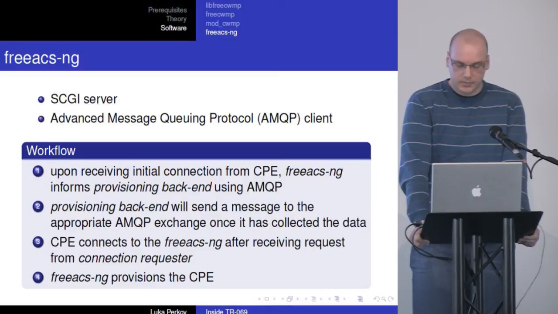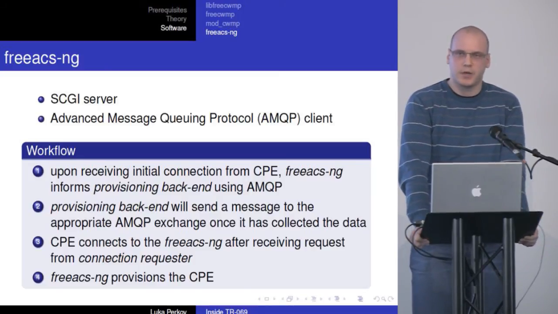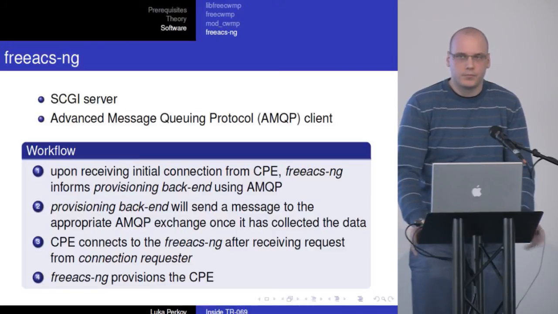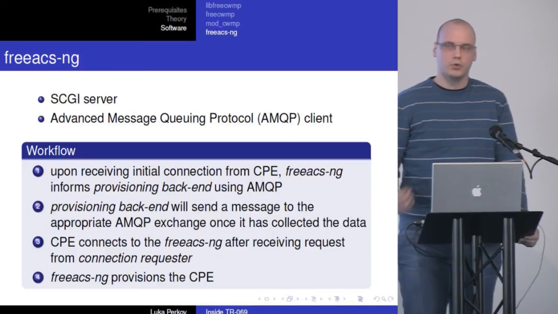What this setup enables you to do is write simple scripts in Python, Perl, Java, or any other language that supports AMQP, and provision and get some information and send it back to the queue.